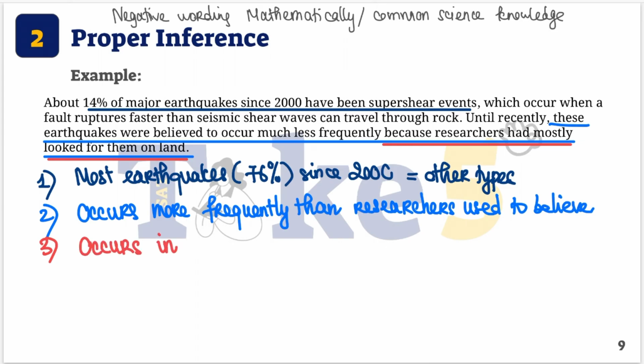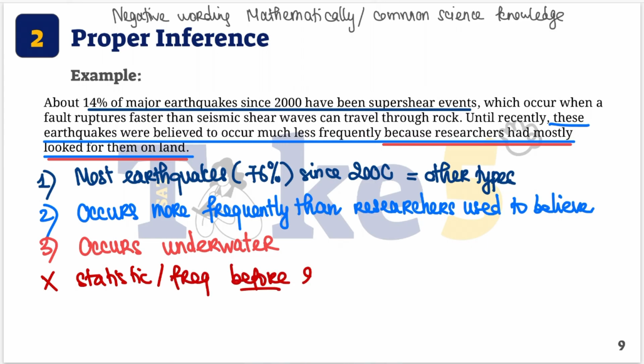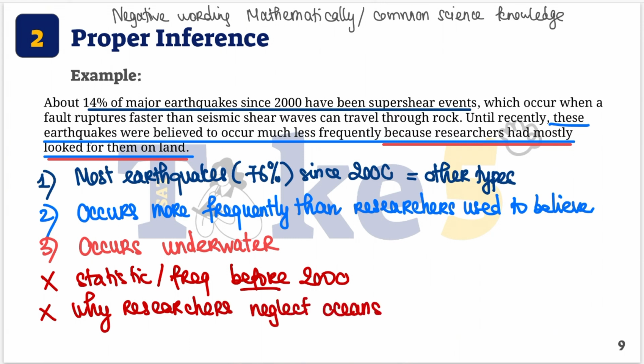That is the only other option on Earth for a quake. We cannot, however, draw conclusions about the statistics or frequency of earthquakes, either supershear or otherwise, before 2000. Or we also cannot infer anything about why researchers focused primarily on land and neglected to consider the oceans.